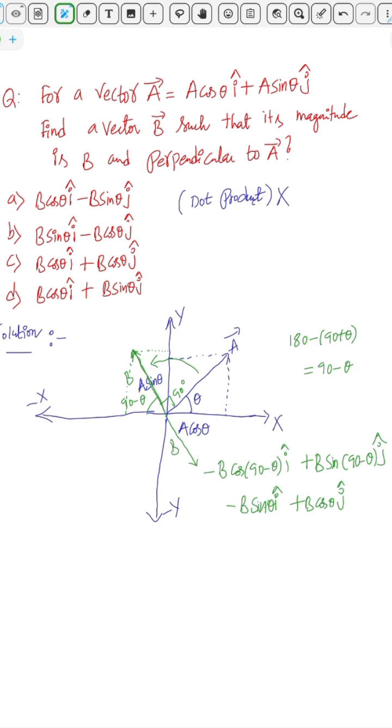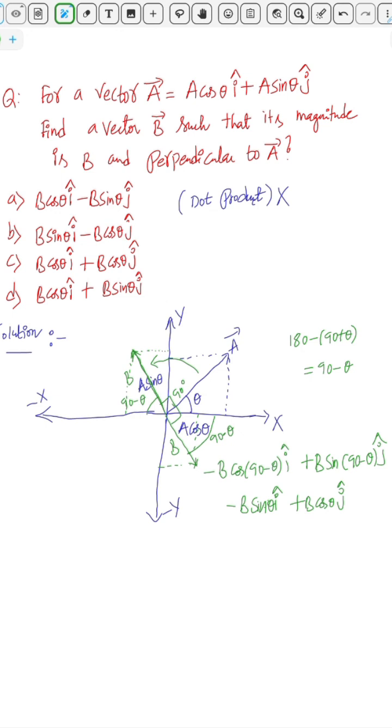Now we want to know this angle between the x-axis and this b. So what is this total angle? Total angle is 90 degrees. Now this angle will be 90 minus theta. In order to find the horizontal component of b, we need to drop a perpendicular to the x-axis, and in order to find the vertical component, we need to drop a perpendicular to the y-axis.